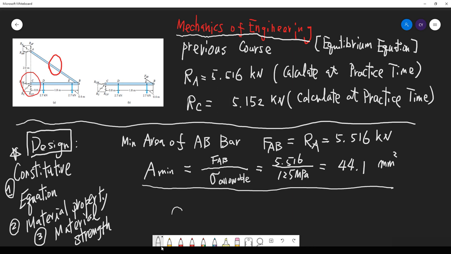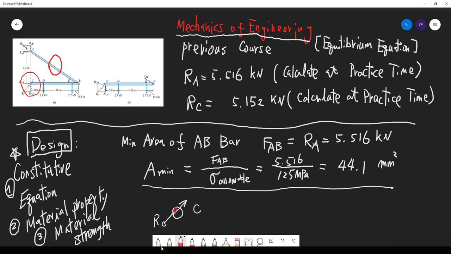This C is a bolt C here, and it's subject to the reaction C here on the bolt.